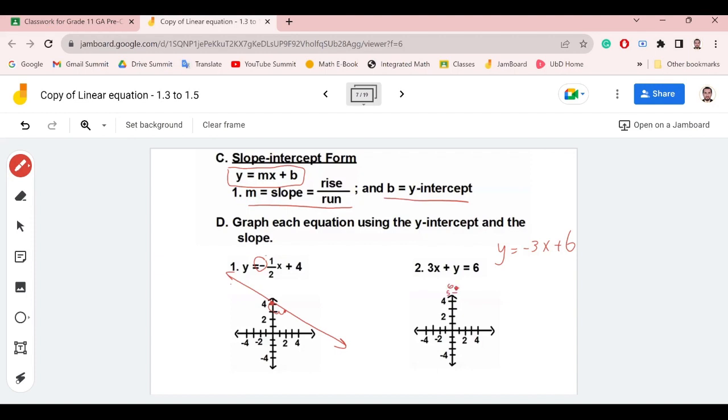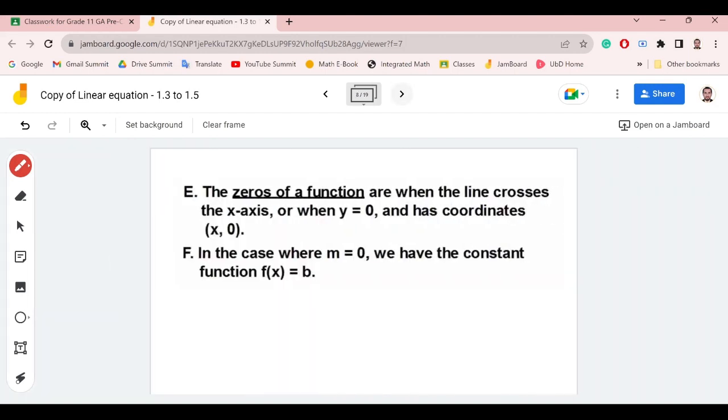So here, the first point. Then negative 3 over 1, so 3 steps down, 1, 2, 3, and 1 to the right. So it should be here. So my function will be like this. Okay. You understand it? Good. Alhamdulillah.